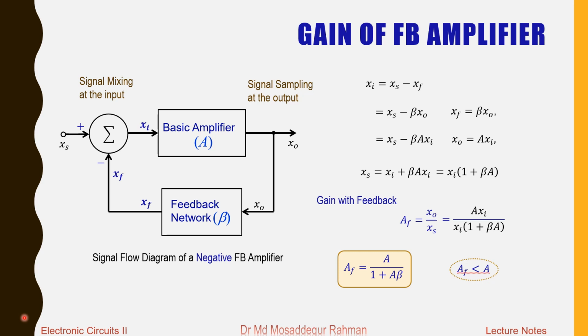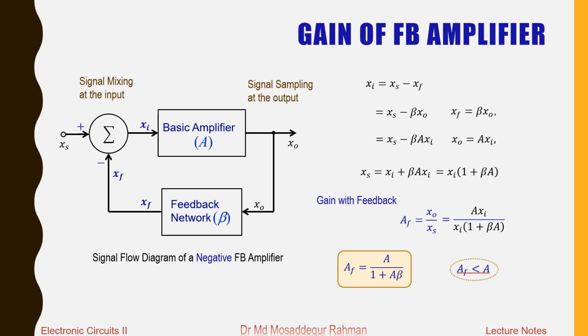The first effect that the feedback network has on the overall gain is that it reduces the overall gain from the gain of the basic amplifier. So that is the first effect we can see: negative feedback reduces the overall gain of the amplifier.